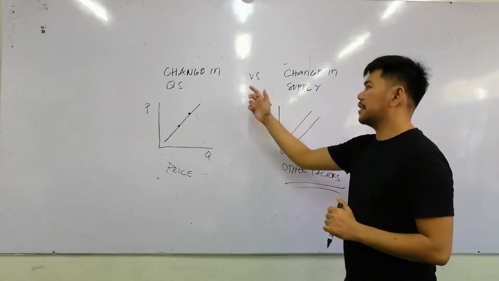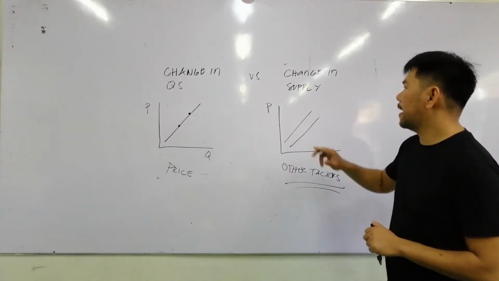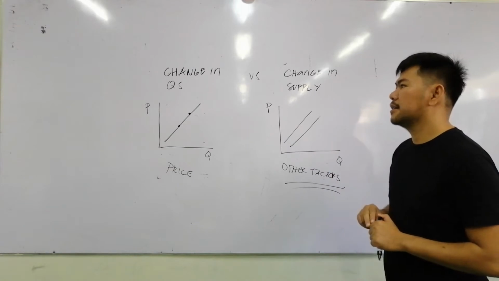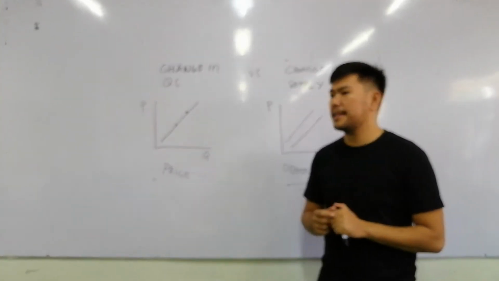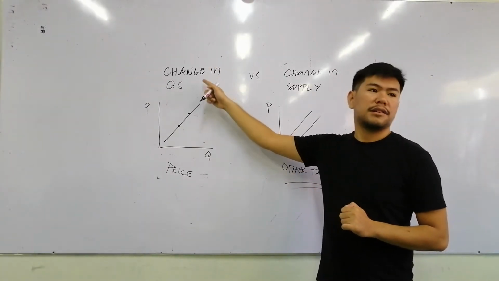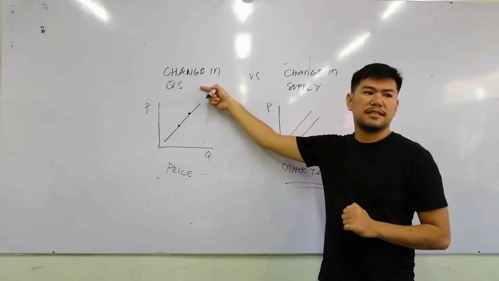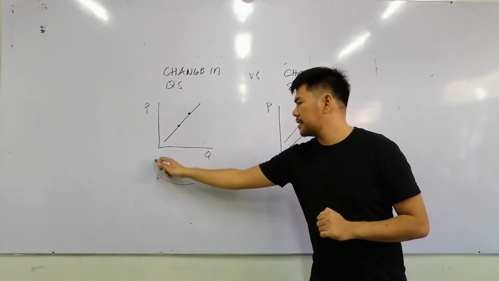So we will discuss the difference between the change in QS, or the change in quantity supplied, and the change in supply. Just like the change in demand and the change in quantity demanded, for the change in quantity supplied, what causes the change is the price of the good itself. Nothing less, nothing more.